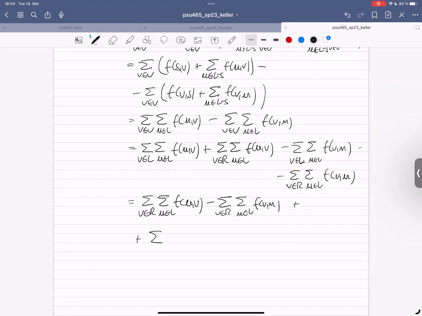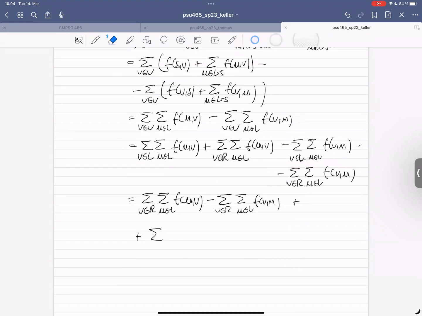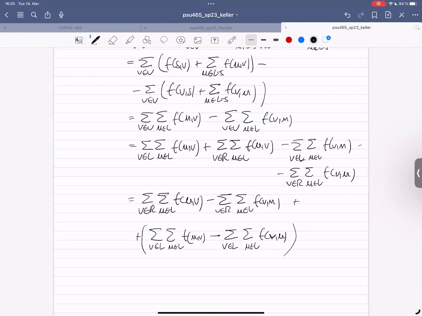So plus, and so this is the same thing, just rearranging these terms.